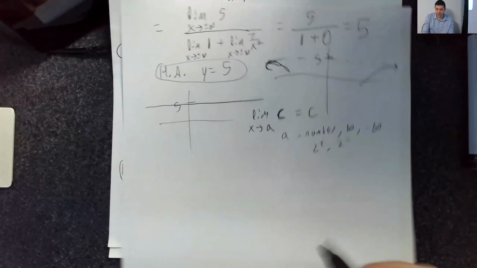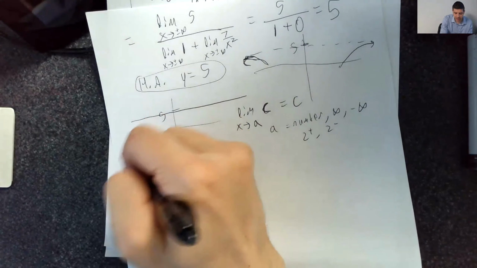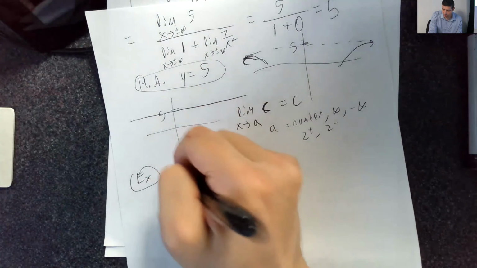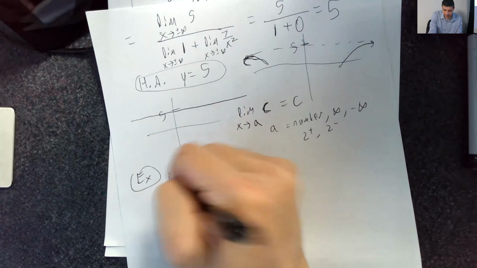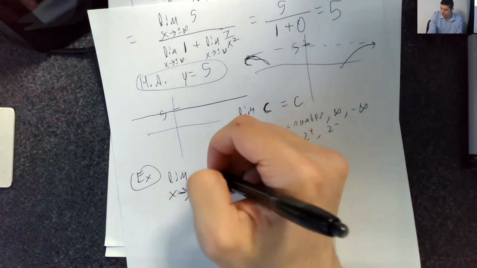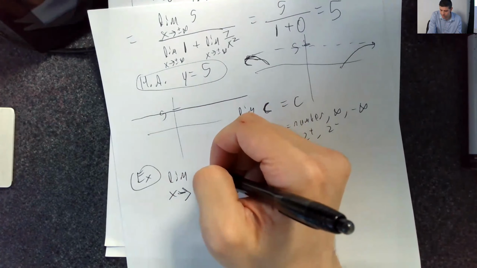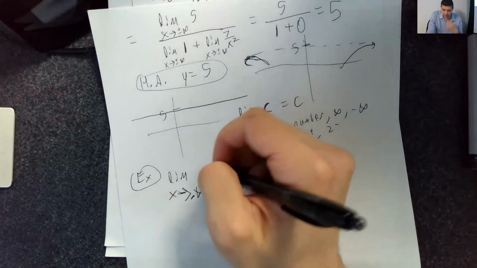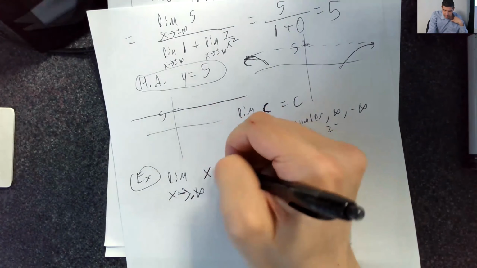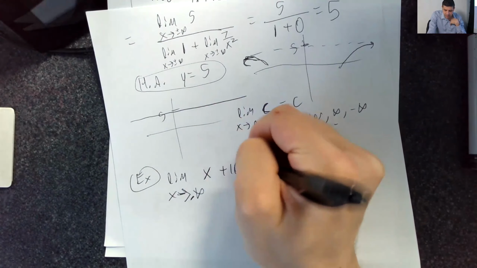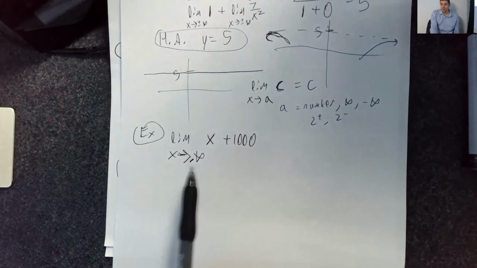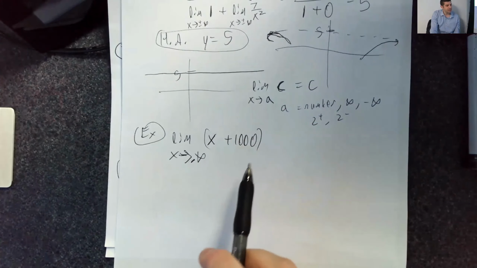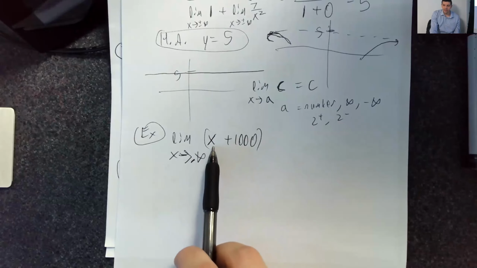Fine, let's do a more intuitive one without the algebra. Most of these will have the algebra, but let's do one where we're not doing any algebra. Let's do the limit as x goes to negative infinity of x plus 1,000. What's the limit? You have to think about the pattern.